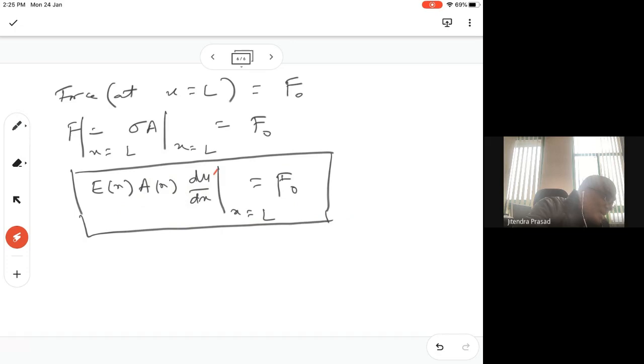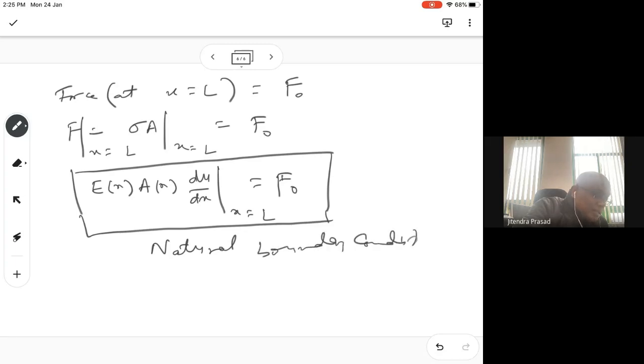But what you see here is that you are applying a boundary condition on the derivative of u, and this is known as a natural boundary condition. Meaning, a boundary condition on the derivative of the variable, or du over dx.